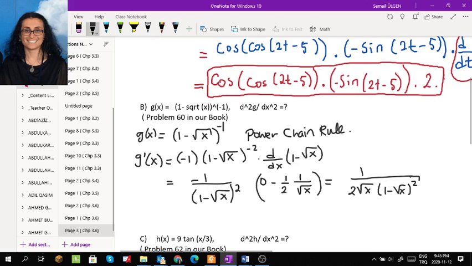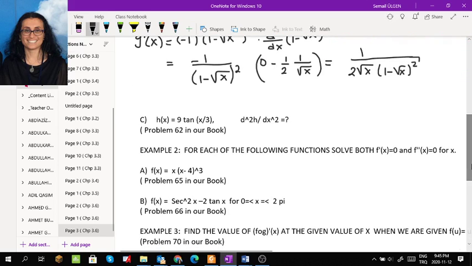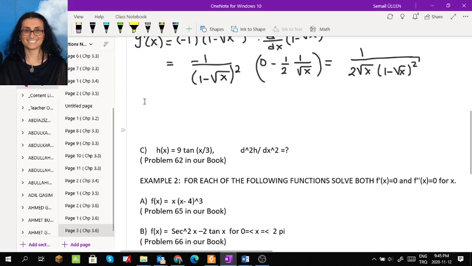Okay, we have that. Alright, so that's the first derivative, but they're asking us to find the second derivative here, so we have to take the second derivative now. So I'm going to write that this is g double prime of x, so this is the derivative of this expression, right?